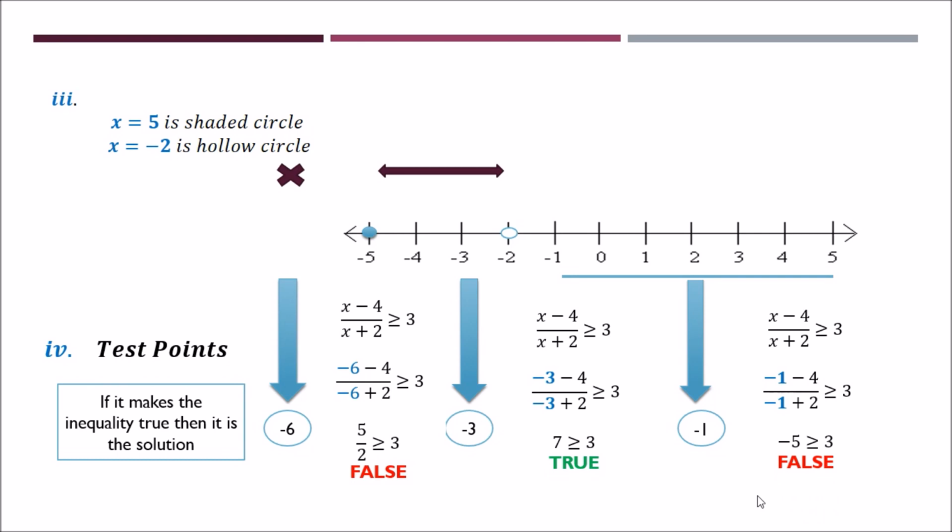So therefore the only solutions are numbers from -5 to -2, but we will not include -2 because if our x is -2, it will make the rational inequality undefined. So therefore, the numbers greater than -2 are not included. There is our solution.